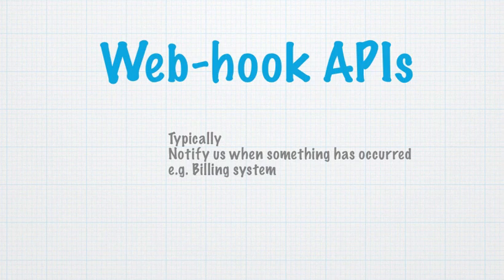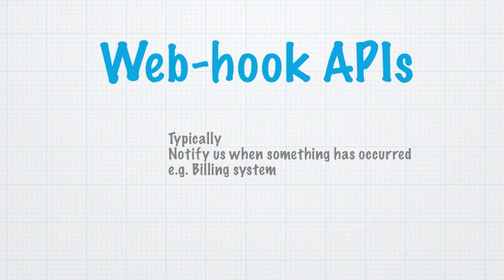In webhook APIs, it's typically the API which will notify our system when something happens. So it's the other way around. Instead of us contacting the API and getting the feature, it's the API which will contact us, our system, and just notify us of something that happens.